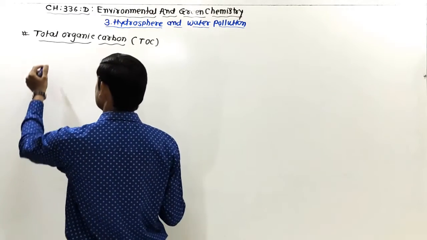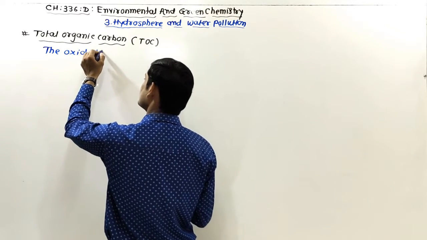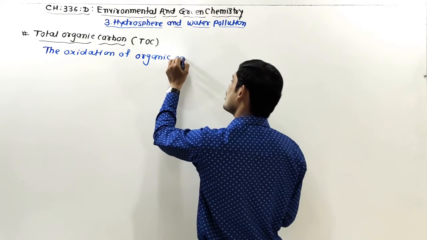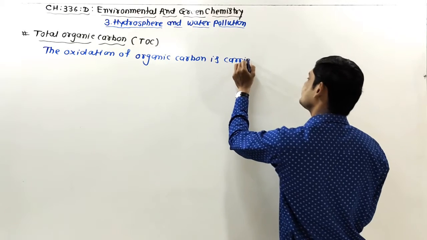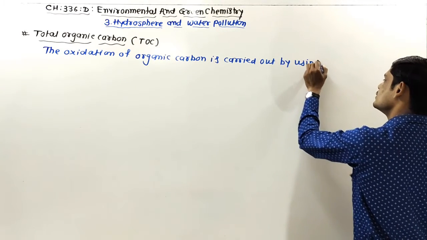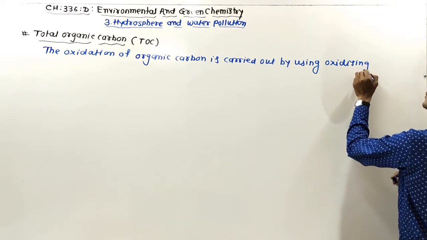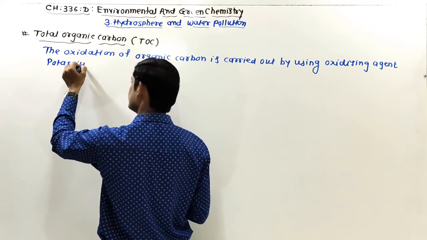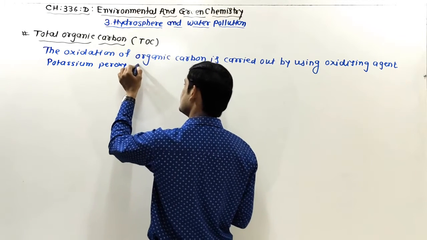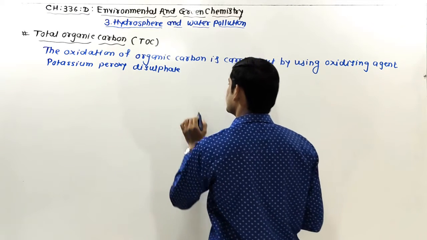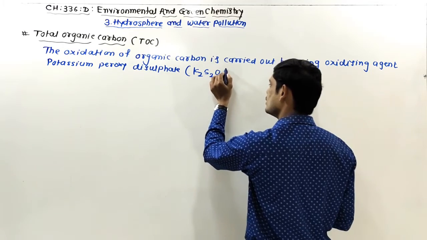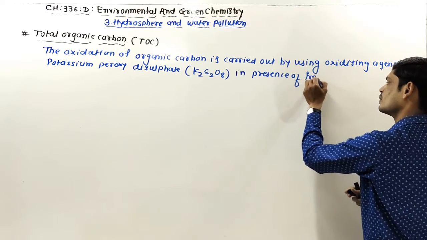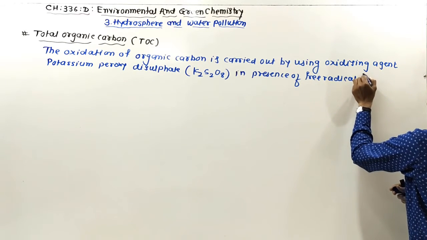K2S2O8. The oxidation of organic carbon is carried out by using the oxidizing agent potassium peroxydisulfate, K2S2O8, in presence of free radical, hydroxy free radical.